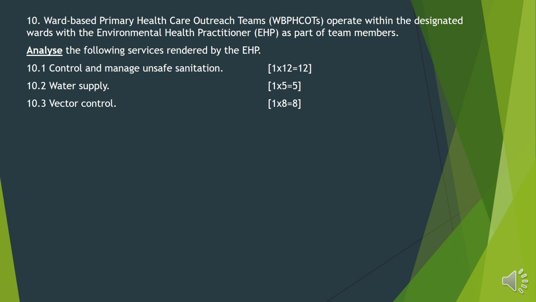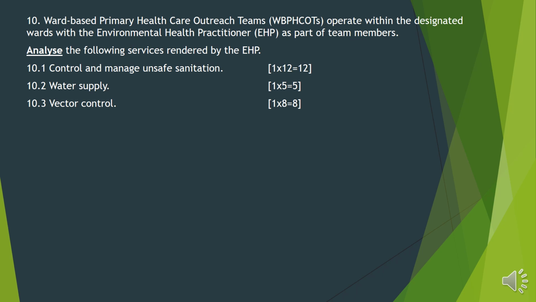So another outcome under environmental health is knowing the roles of the environmental health practitioner in assisting to support a healthy environment for the community. So this is through services that, together with the PHC outreach team, the environmental health practitioner would be rendering.